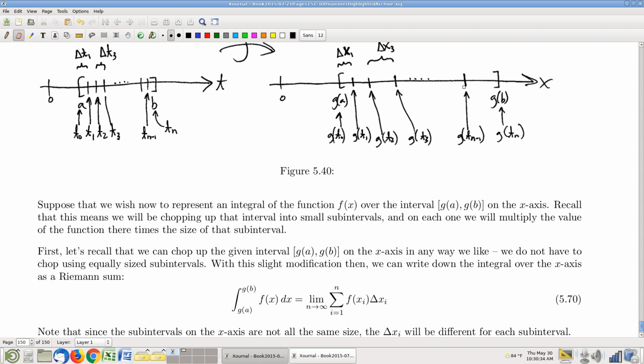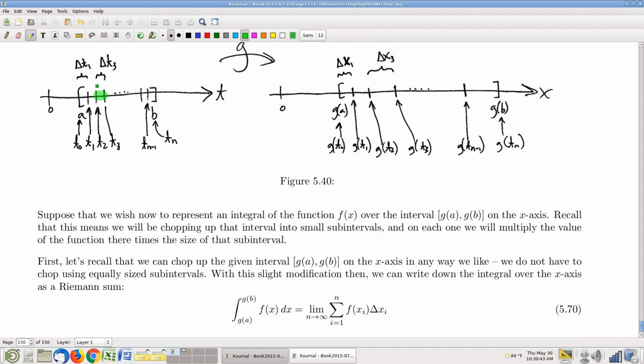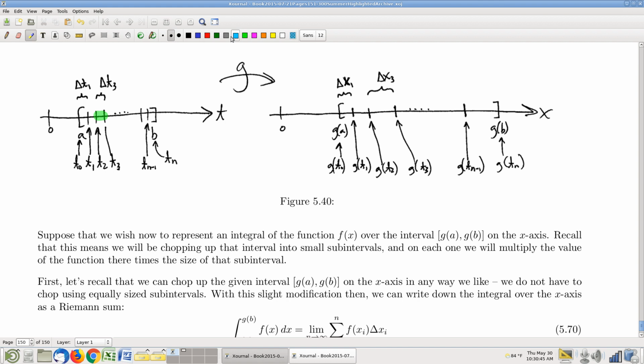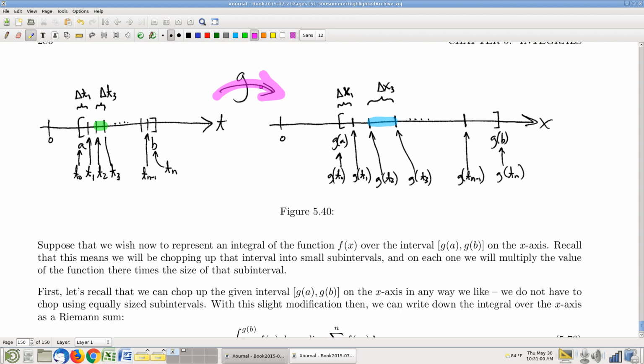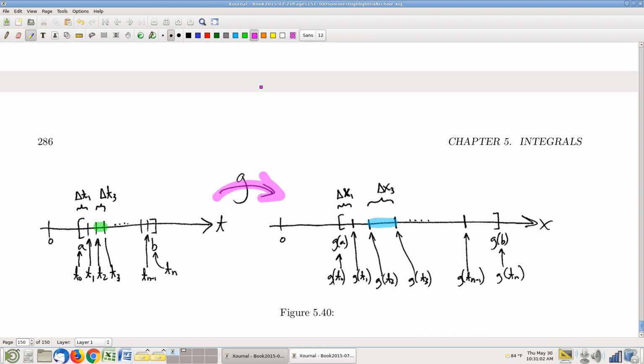First observation I want to make is that if I look at this little piece of the domain over there on the t-axis, and if I look at its image, this little piece over here on the x-axis, if I look at the function that relates them, g, we are currently in chapter 5, but let's think back to chapter 4.